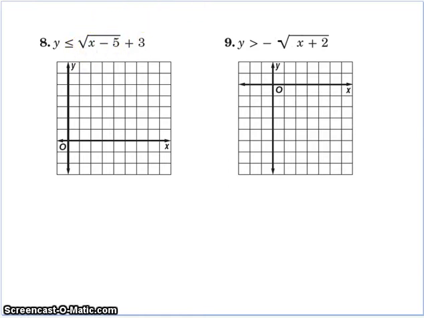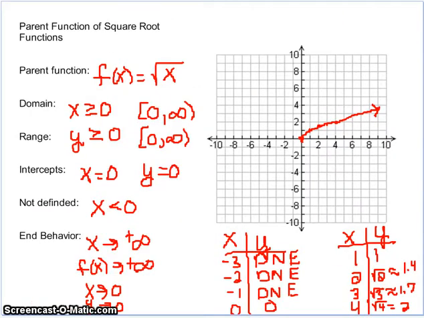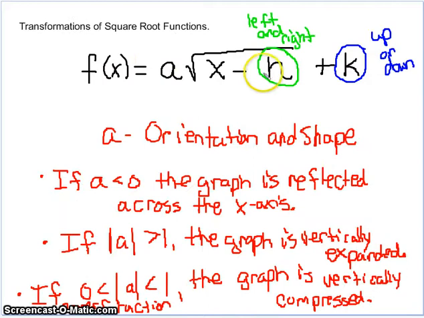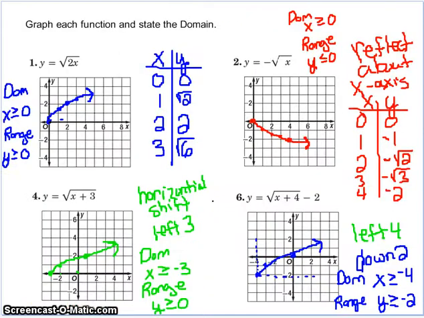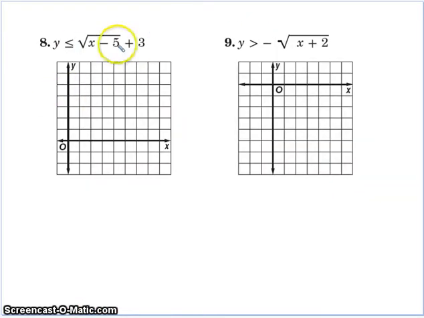If it's underneath the radical, and we go back to what happens with the transformations, that means it's left and right. The minus means that it's going to have to be the opposite. So where it's a -5, that actually means that we are going to move to the right 5 units.